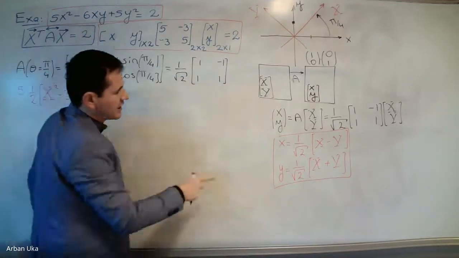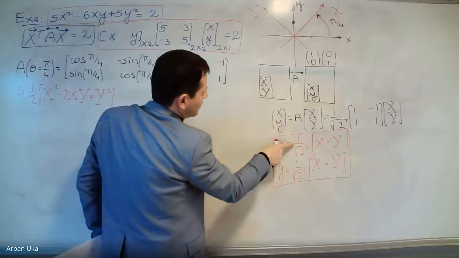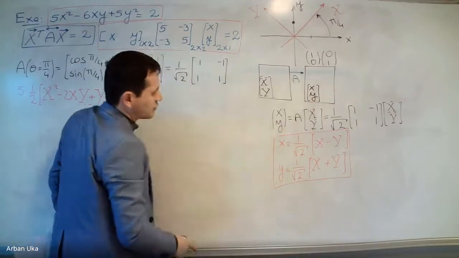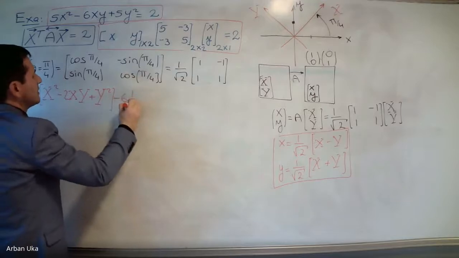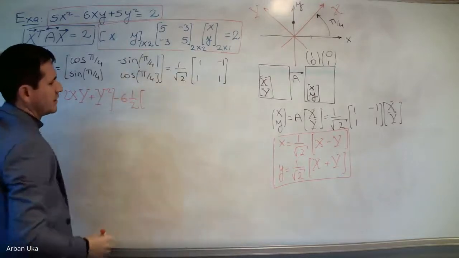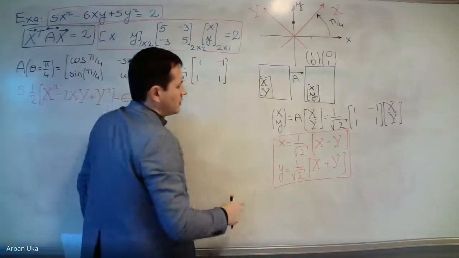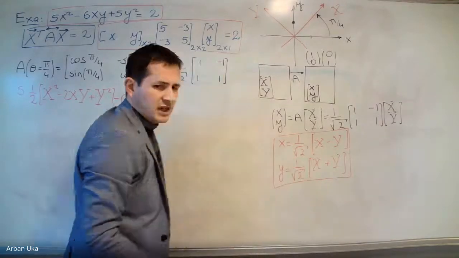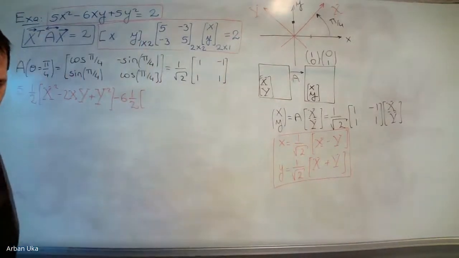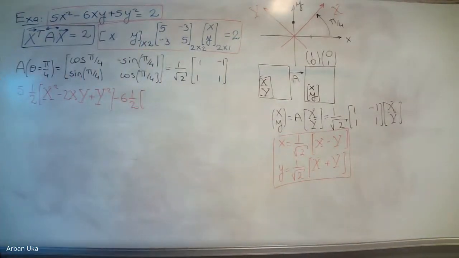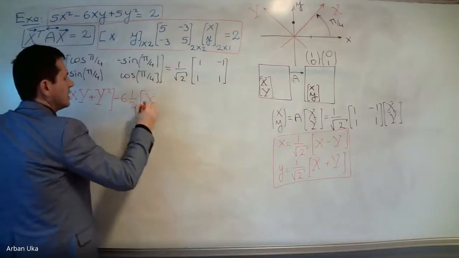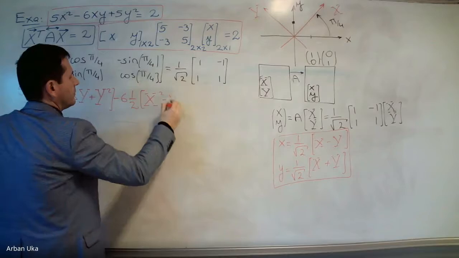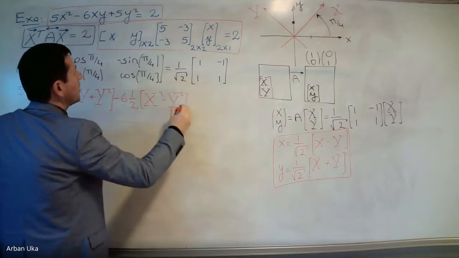If we multiply x and y, we get 1 over square root of 2 times 1 over square root of 2, which is 1 over 2. So this is minus 6 times 1 over 2 times, what is (a minus b) times (a plus b)? It is a squared minus b squared, right? So this is x squared minus y squared.